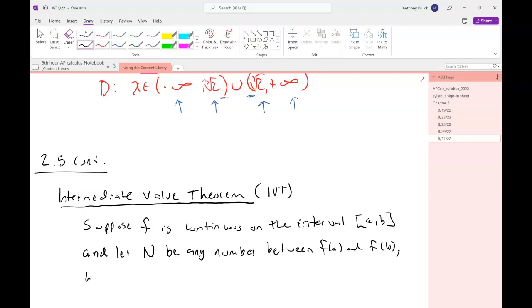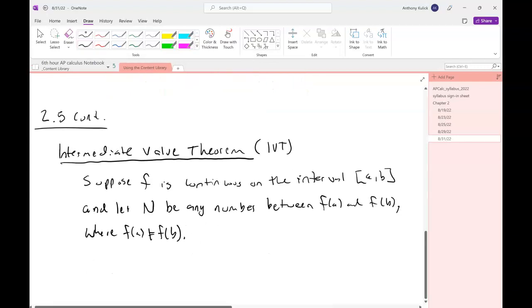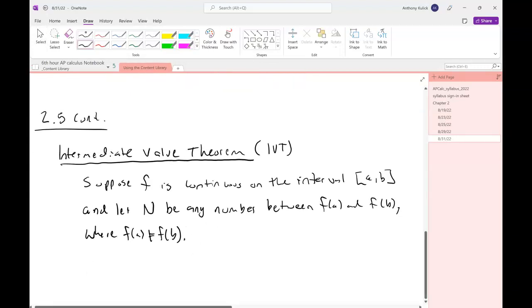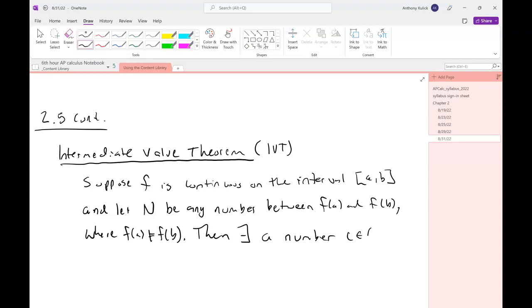We also have to assume that f of a doesn't equal f of b, because then there's nothing in between it, right? If you have that, then there exists a number c that's in the open interval from a to b, such that f of c is equal to n.